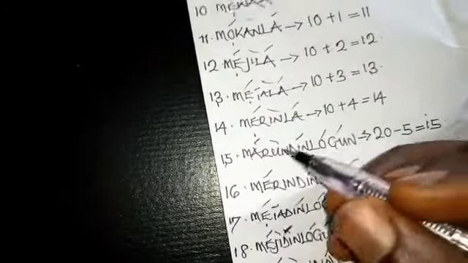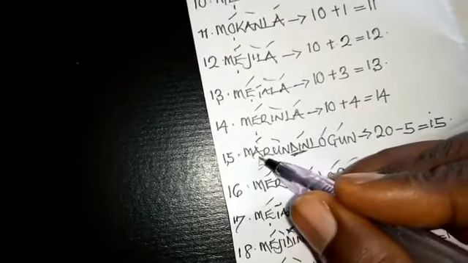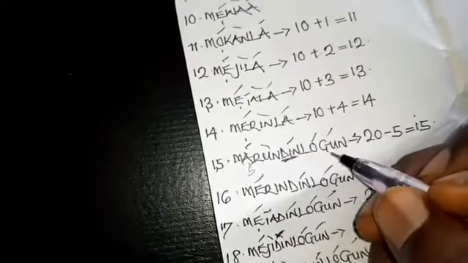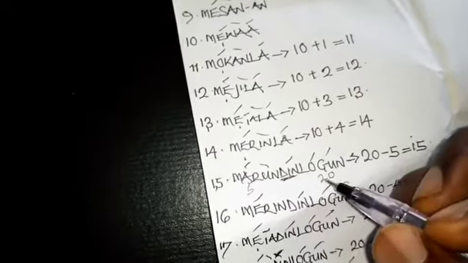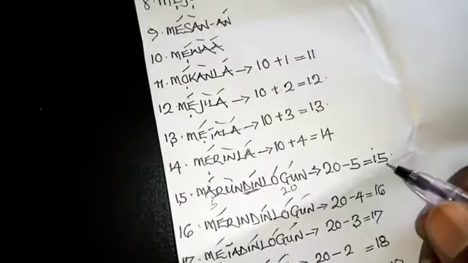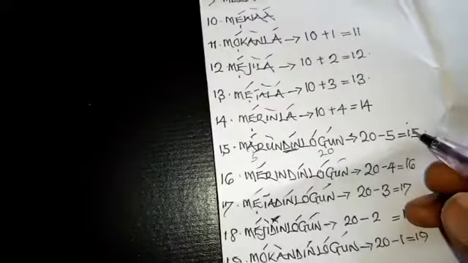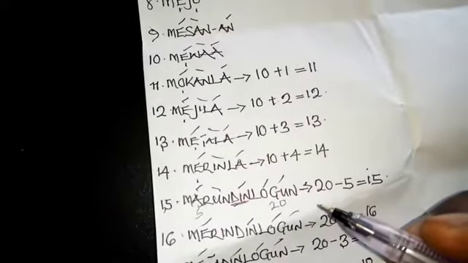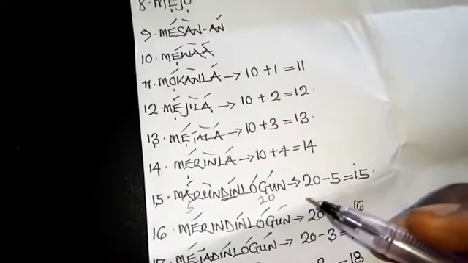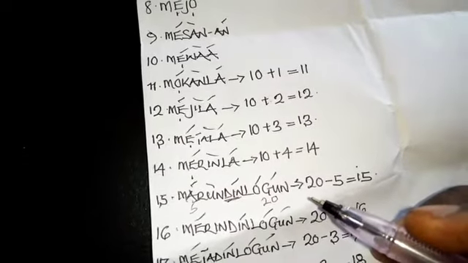Márùn means 5, ogún means 20. So we are to remove 5 from 20, which will give us 15. Márùndínlógún, that is, it remains just 5 for whatever we are counting to be up to 20.